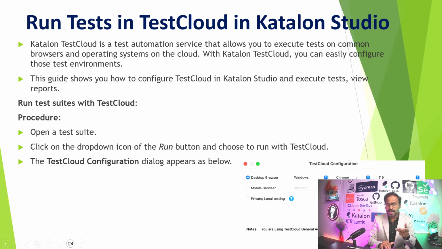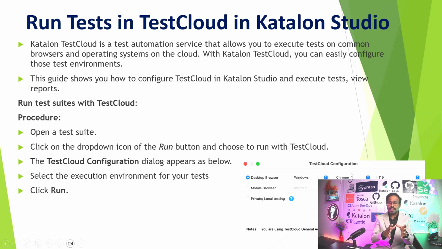And then you will be selecting your browser, Chrome, Firefox, whatever the browser you want. And then what is the browser version that you would like to run. And then you need to select your execution environment for your test. So we already selected execution environments, and then you need to click on run. So this runs all your Katalon Studio test scripts from your Katalon Studio onto your TestCloud environment.